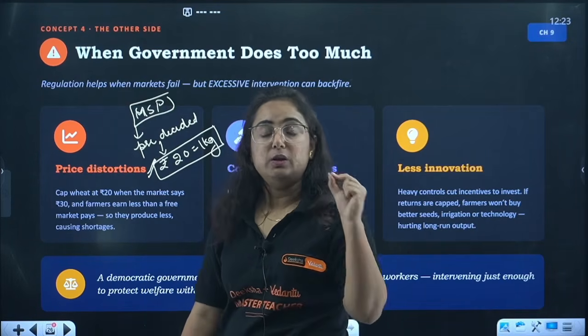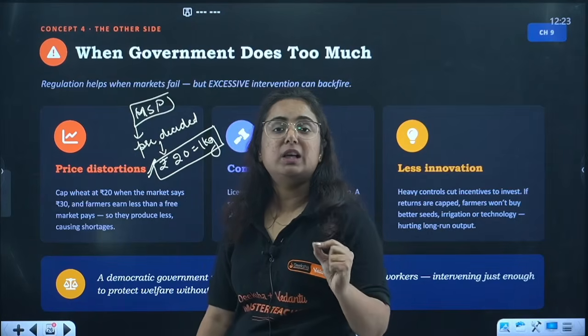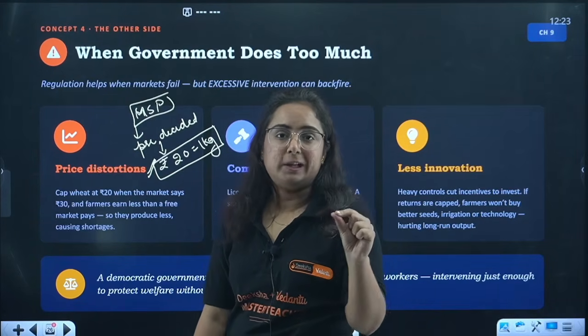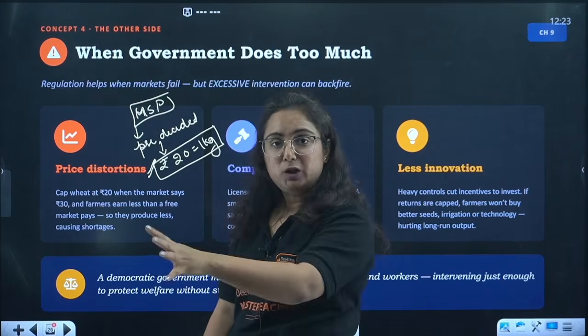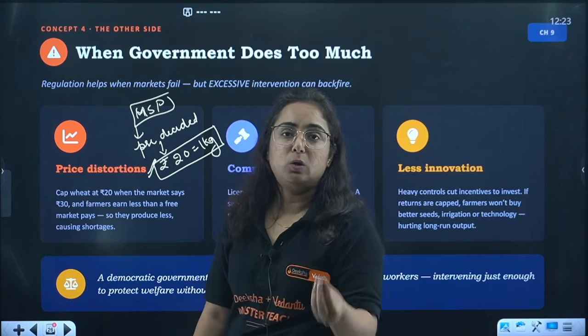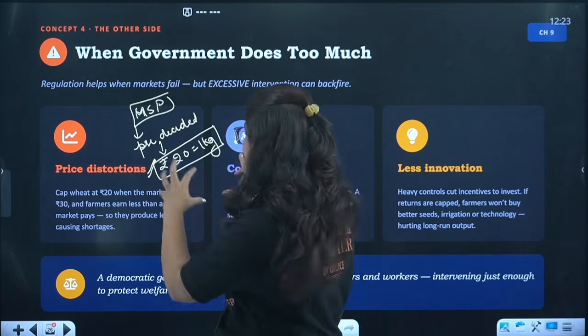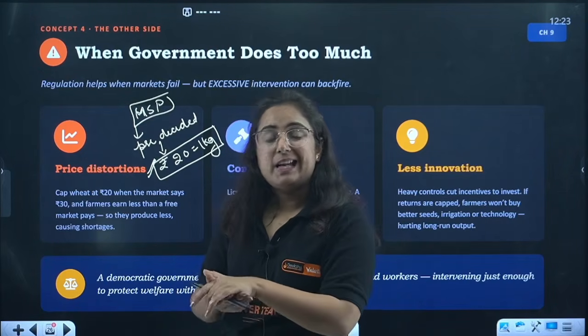It is very useful in times when the crop is destroyed or not of good quality, when the farmer went to the market and it was about to be sold only for 5, 7, 8, 10 rupees. Then this condition is beneficial, but it created chaos.